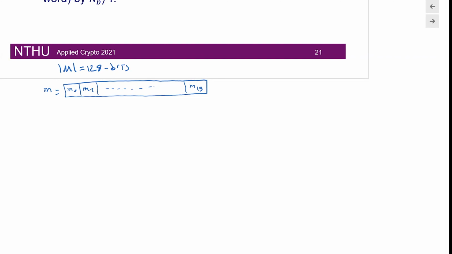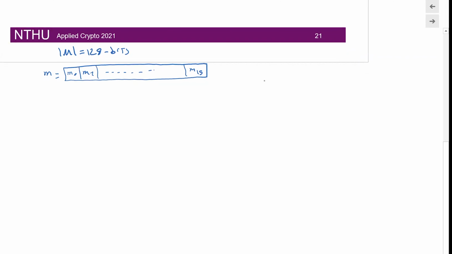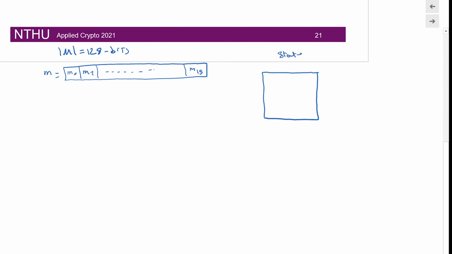When we construct a state, now we are talking about a block cipher. You understand why we name it block. The first thing in starting the algorithm is to initialize the state variable. So this is our state variable.